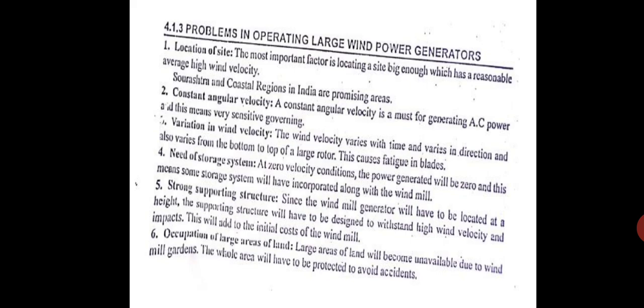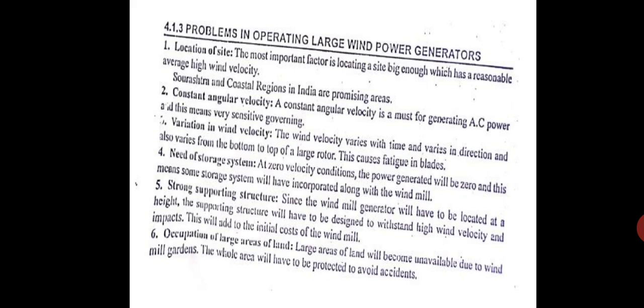Good technology is now available, so strong towers are being built, and so far we have not come across even a single accident involving wind turbines. But because of the strong structure, the initial cost of the windmill increases, to around 3 to 4 crores per megawatt.